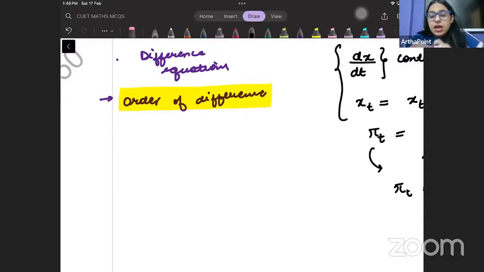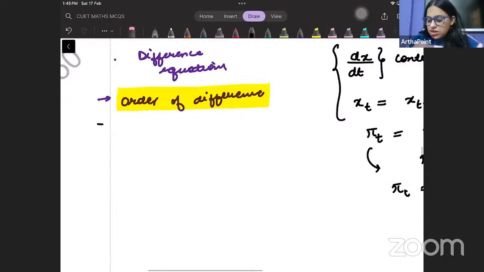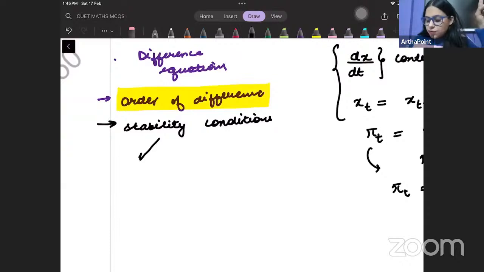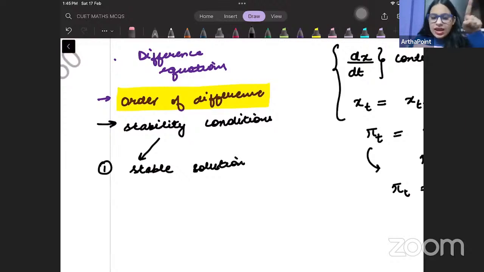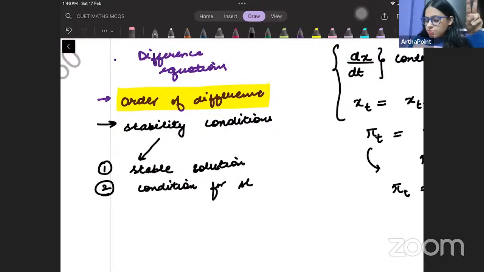The second thing that can be asked in case of difference equation is the stability conditions of the difference equation. Stability condition में they can ask you the following. First of all, they can ask you what is a stable solution. Stable equilibrium निकालना दे देंगे. I will show you an example of that. Secondly, they can ask you condition for stable equilibrium. ये पूछ सकते हैं.